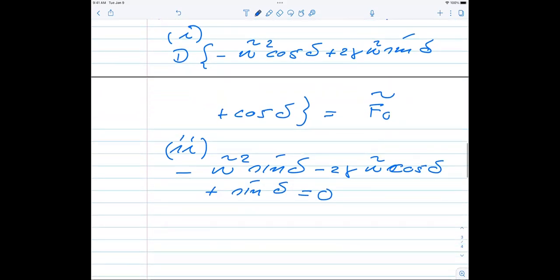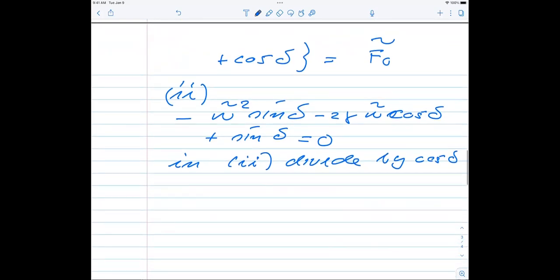So in equation 2, what we do now is just divide by cosine delta, assuming that cosine delta is different from 0. So that means that delta is a finite value, which also avoids being 0 here. And if we do that, we can reorder.